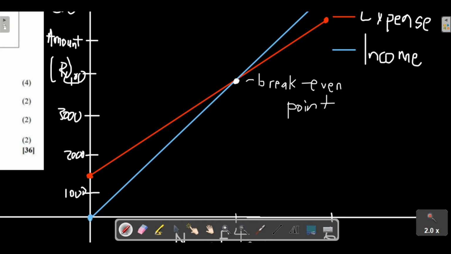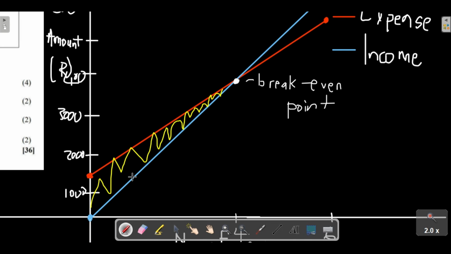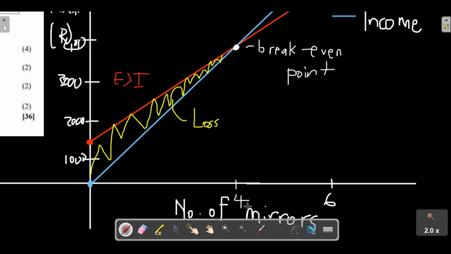So for this region over here, on the left hand side of the break-even point, as you can see, the expense graph is over the income graph. That means expenses are greater than the income, so this region is a loss. If he sells fewer than 4 mirrors, he's going to make a loss.